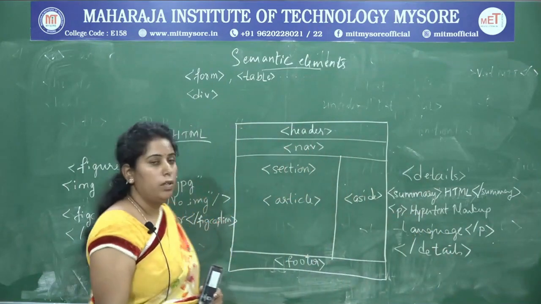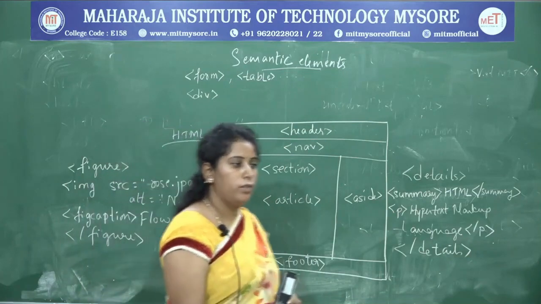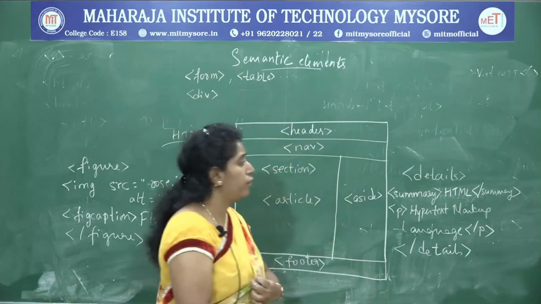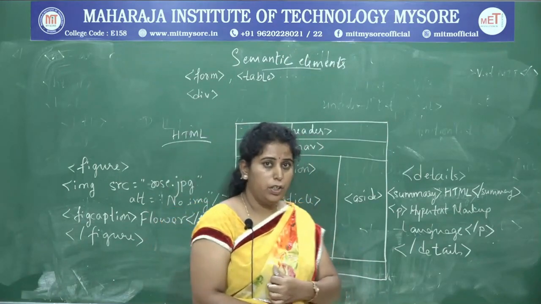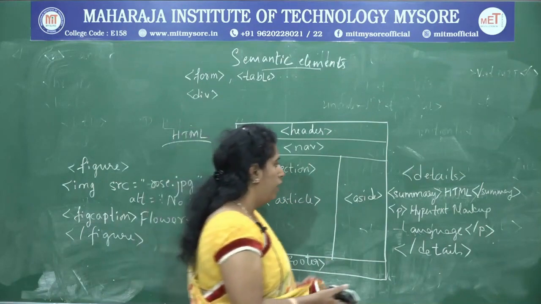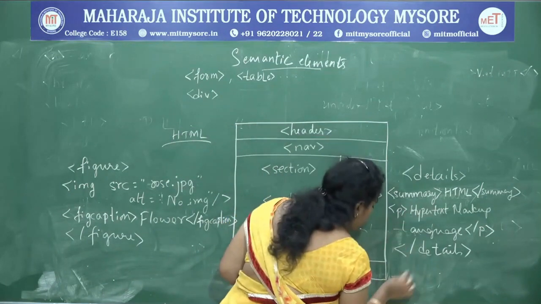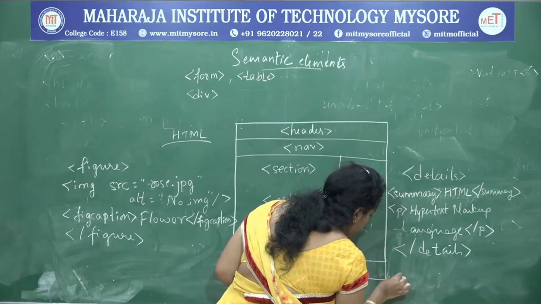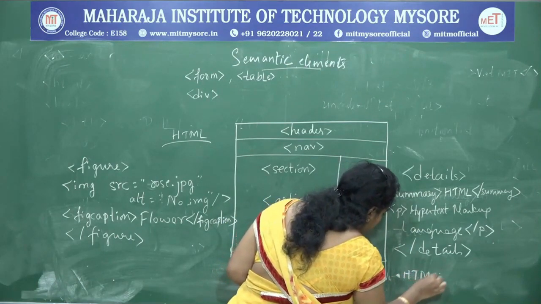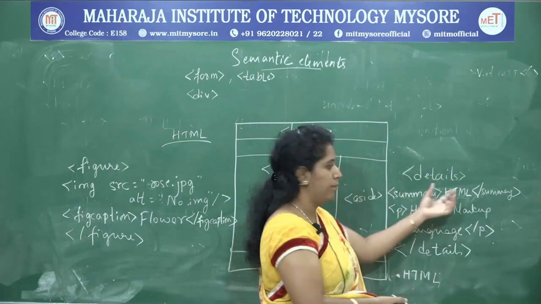So now, I told you, right, details is used for providing detailed information. On demand the user can open or close that document. How? Once you run this, you can notice the symbol will be provided and anything within the HTML will be printed like this.